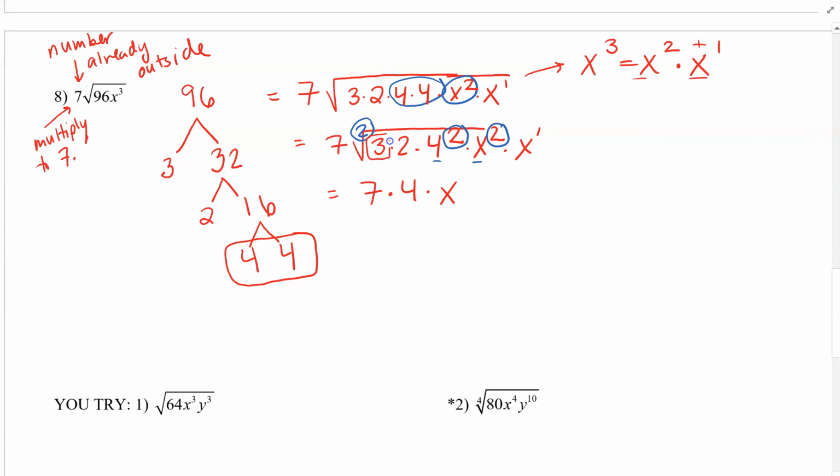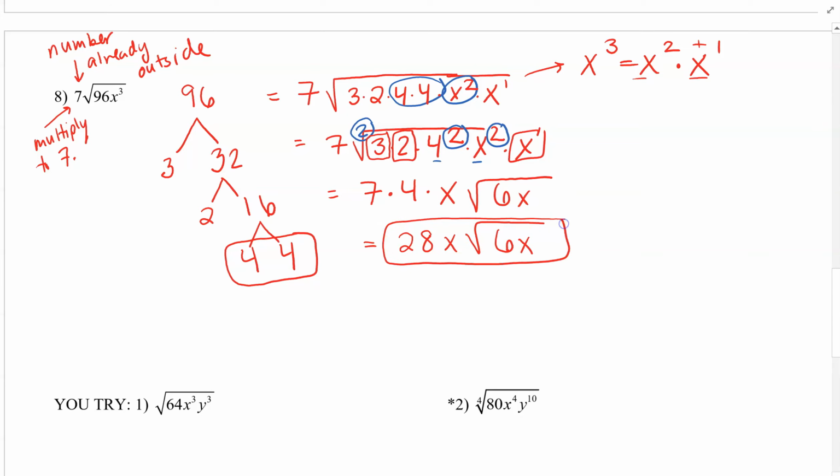Meanwhile, on the inside, I had a single 3, a single 2, and a single x, and those have to stay under the radical sign and multiply together. 3 times 2 times x is 6x. And then lastly, I can multiply the 7 and 4 together and get 28x on the outside of the square root times 6x underneath the square root. And that's my simplified answer for number 8.